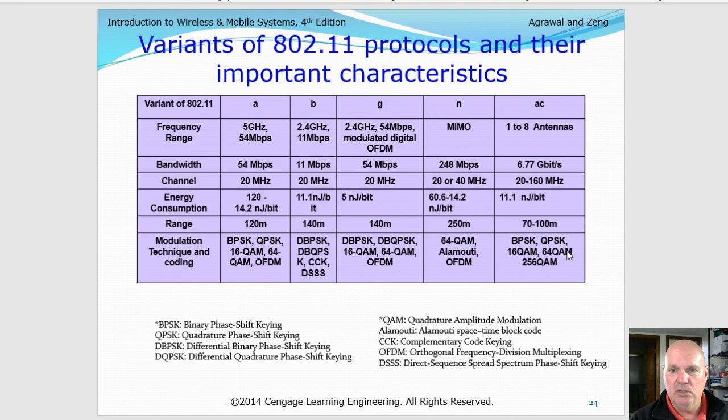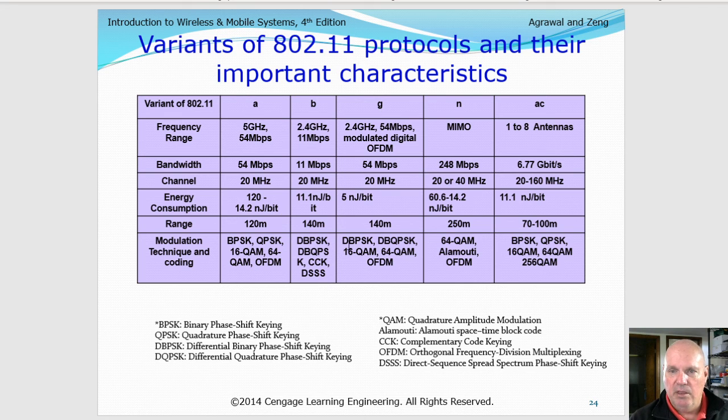So this slide is comparing some of the different home Wi-Fi standards that are used, in terms of the data rates that are achievable, and the corresponding bandwidths used by different channels. If you'll notice, the energy consumption has gone down considerably, at least with the latest standards compared to the original standard.